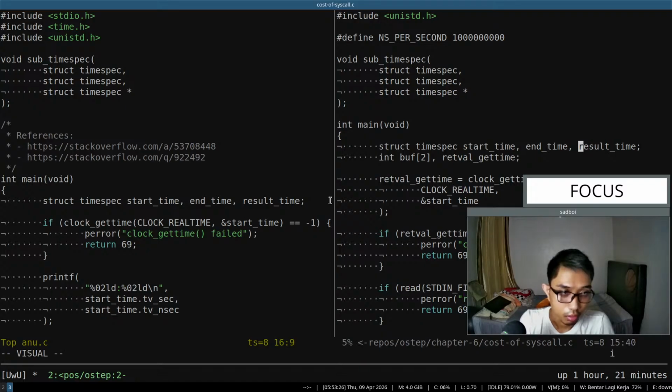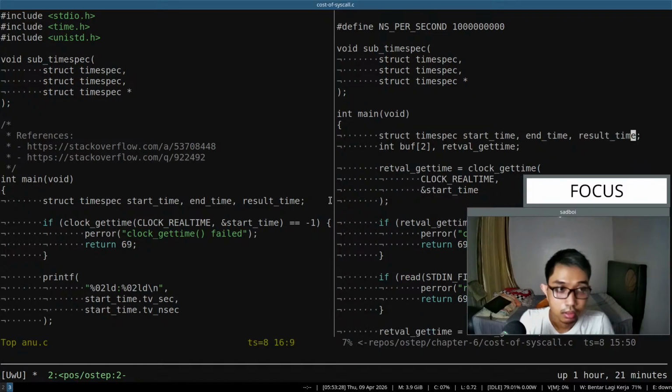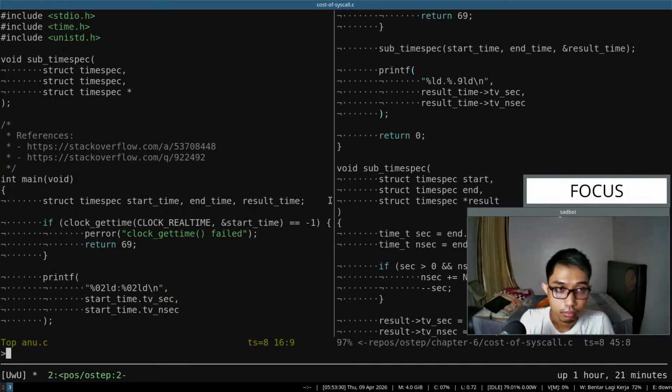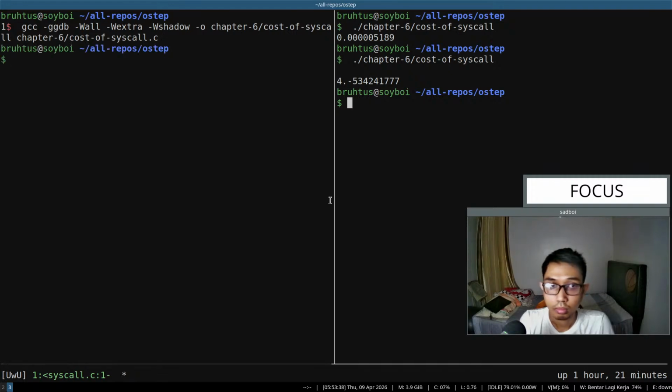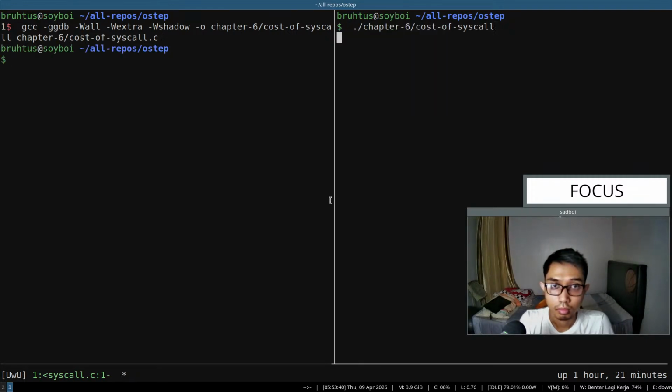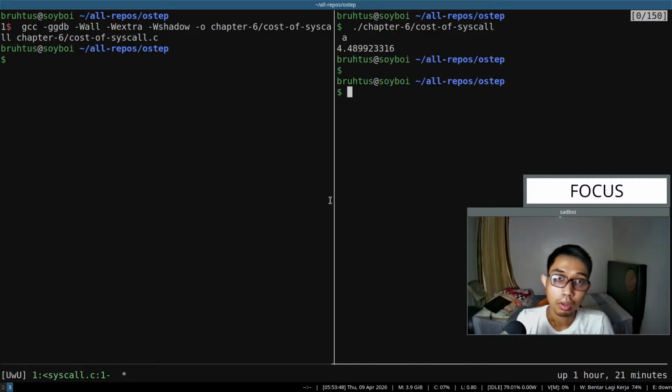We are not using any pointer here. Okay. Oh, interesting.